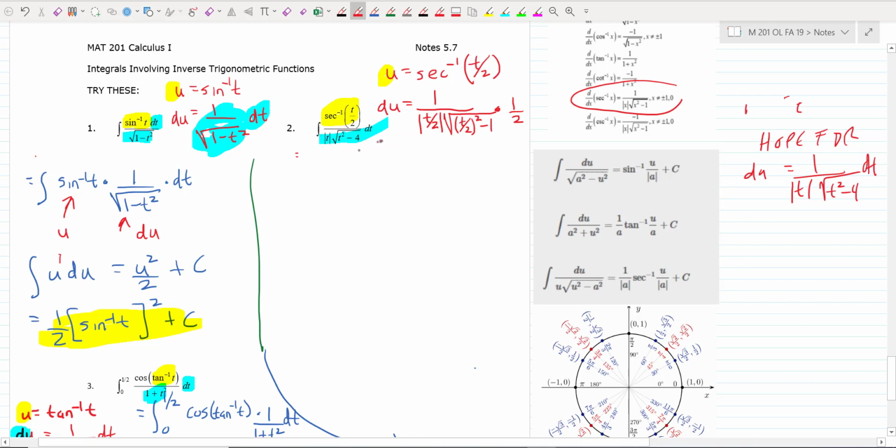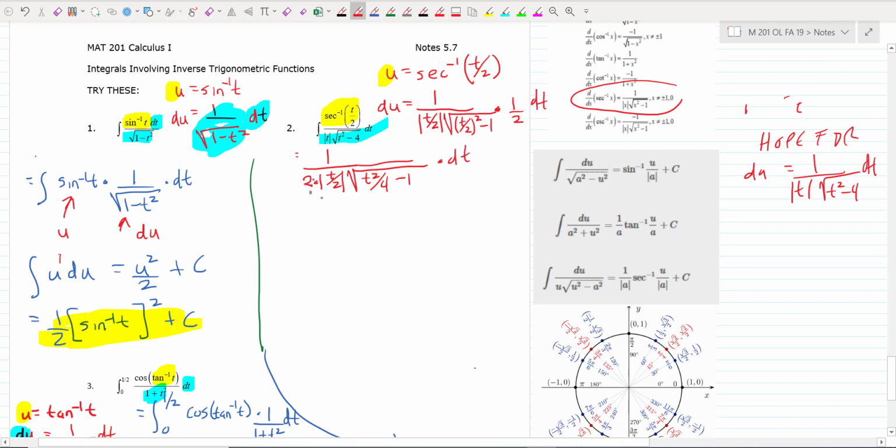So let's just multiply straight across. We have 1 over 2 times the absolute value of t over 2, and then the square root of t squared over 4 minus 1 times dt. I should have put that there.